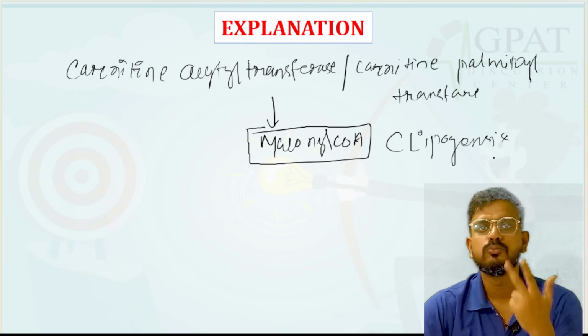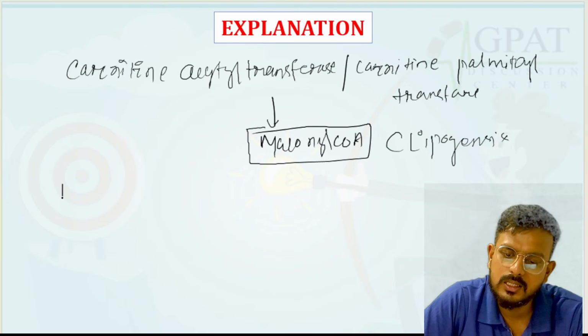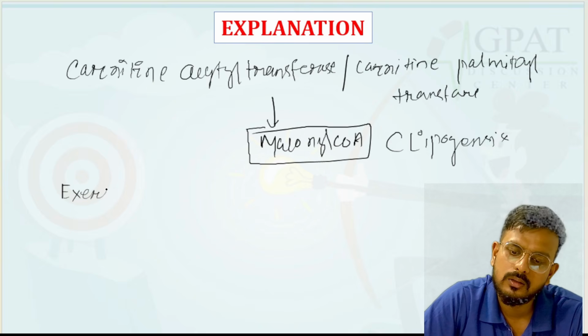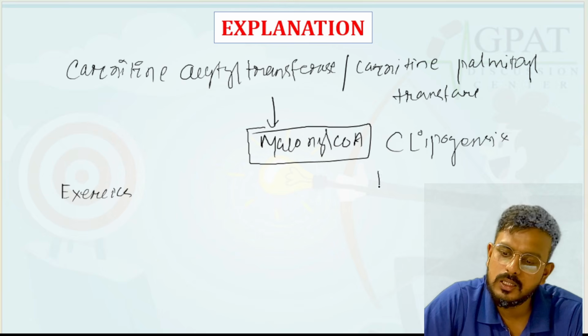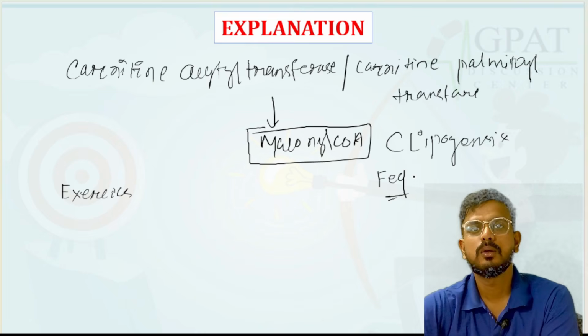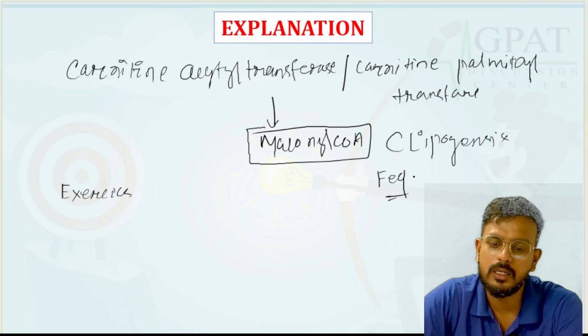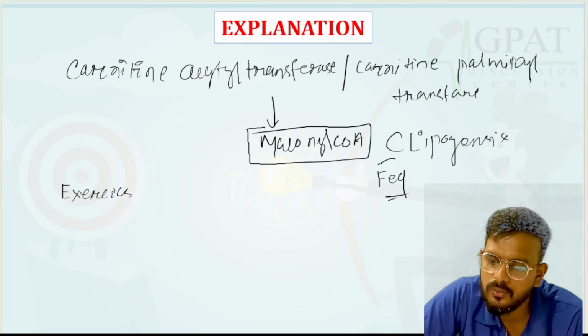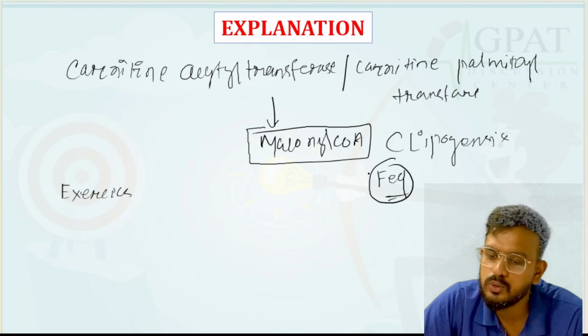So let's assume two scenarios. In one case, you are doing exercise, or in the other case you are in the fed state. You have taken your meal. Now let me explain how malonyl coenzyme A acts and how it inhibits. When you are in the feeding state, you have a high insulin level.